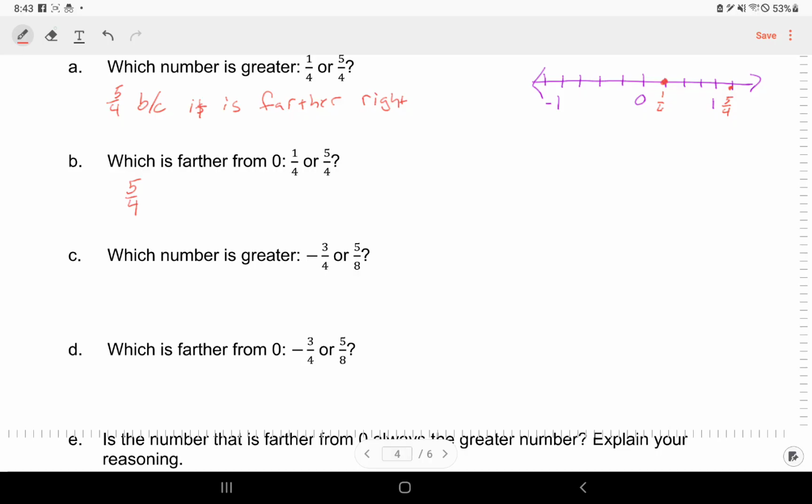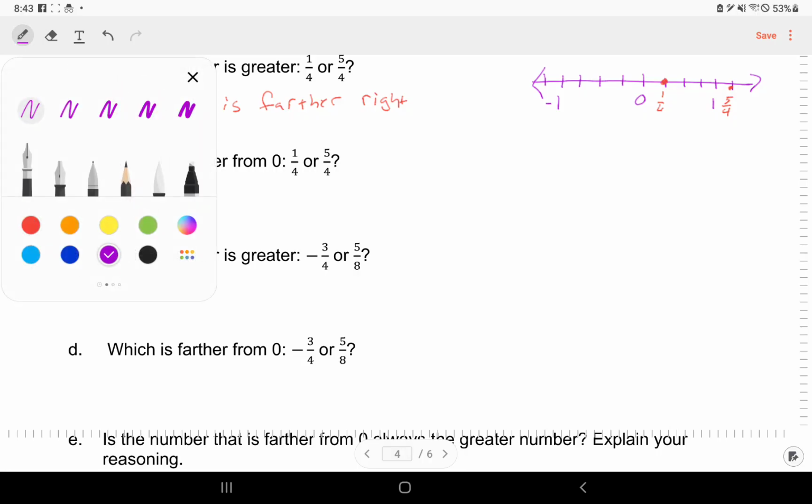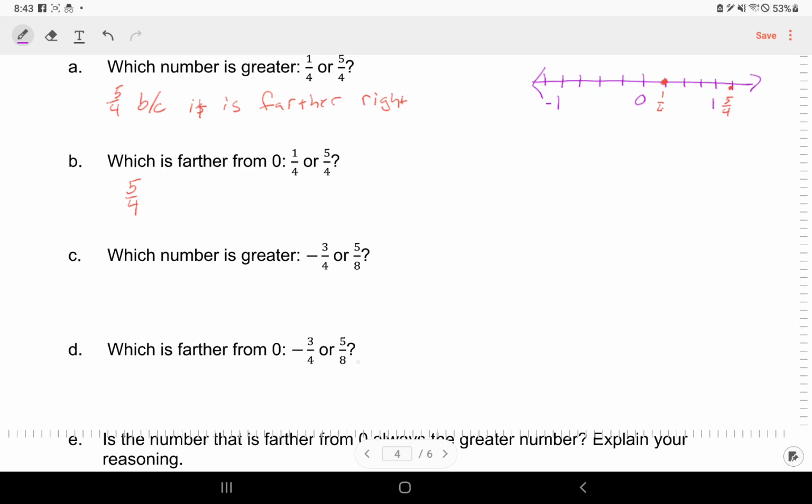Okay. Now, for this one, we need to use a different number line because, well, we have 8ths and 3/4. So, that means I need 8ths. So 0, -1, and +1.